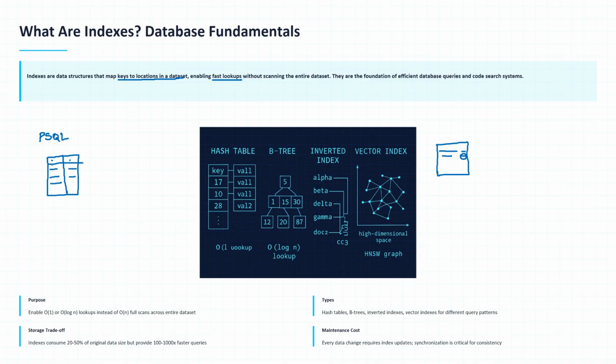So if there is a SQL query where I have only this value, I can easily bring out this particular chunk of information without even having to run an entire database search, right? So this is what indexes are. The entire purpose is to enable a constant time lookup or a log n lookup instead of a full O of n scan across the entire data set.